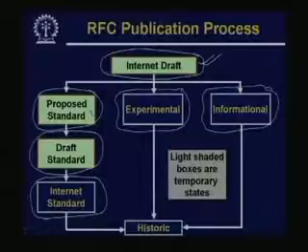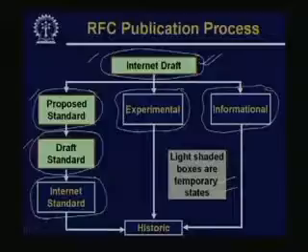So these green shaded boxes are the temporary states. Internet draft, proposed standard, draft standard, these are temporary states, whereas internet standard, experimental and informational are more or less permanent states.